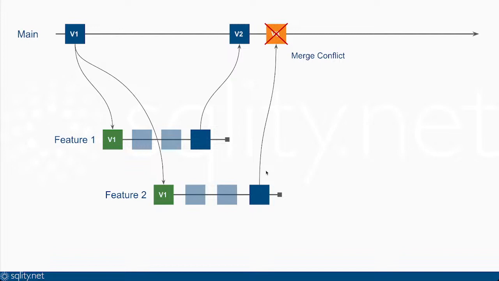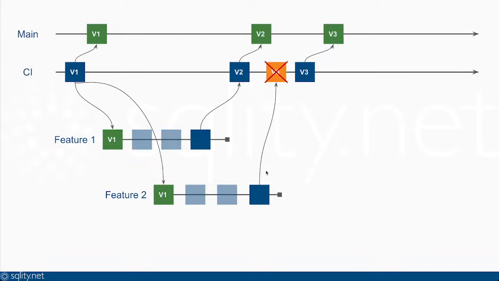So how do we get around that? Instead of merging into main, what you should do is merge into another branch. Now, many people might pull out that merge event into a merge branch or into a CI branch.